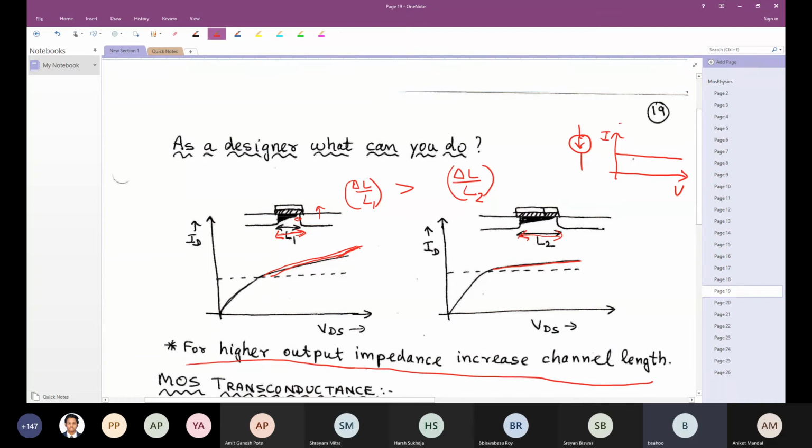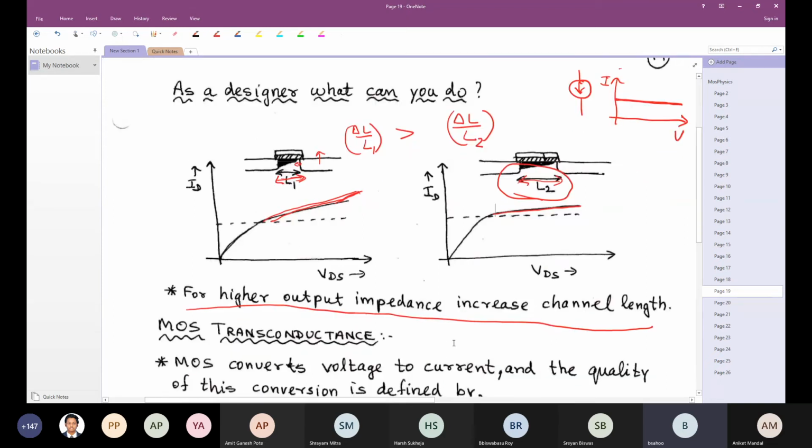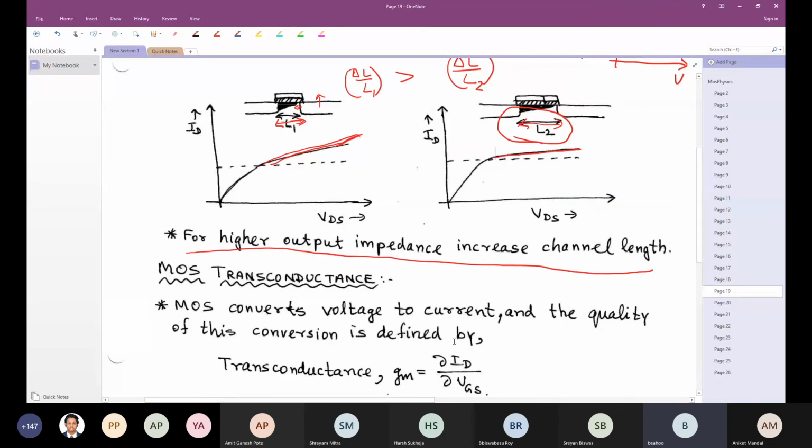So if I want to realize a good current source, I have to approach an infinite resistance across the terminals. That means I should be using longer and longer channel lengths. A longer channel length gives me a better current source. Am I clear? Please keep that in mind. This is one abstraction, and this is what a circuit designer is going to use.